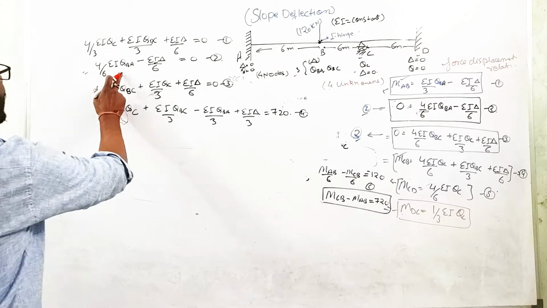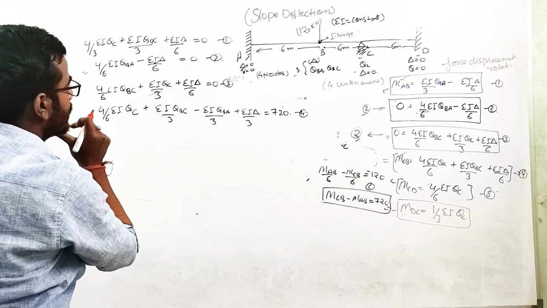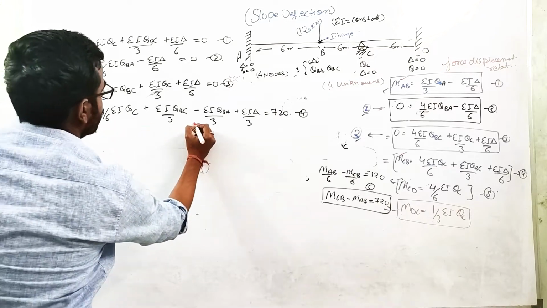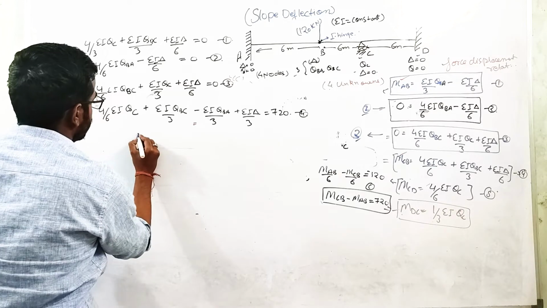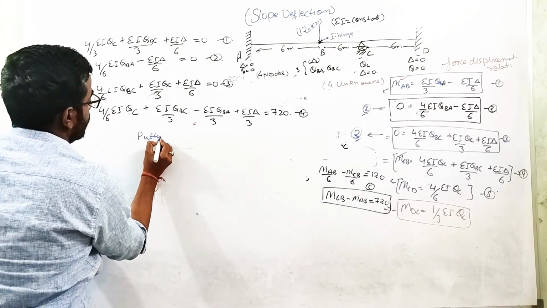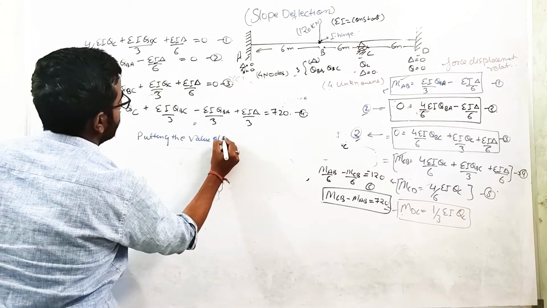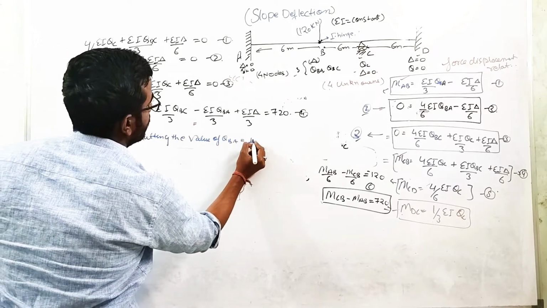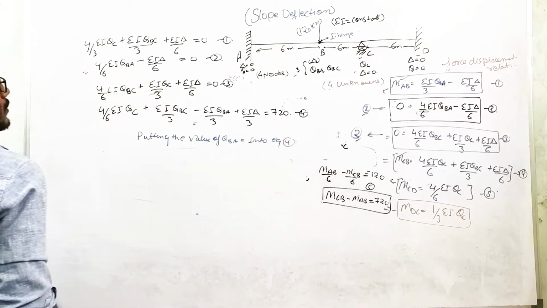Let us put this value of theta BA into this equation. Next step is putting the value of theta BA into equation 4.